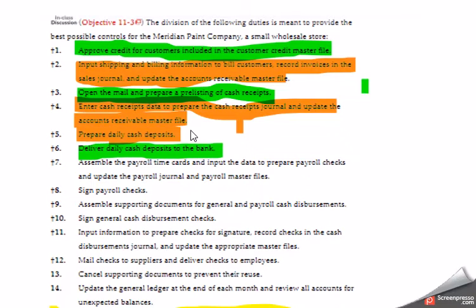Okay, then 7, assemble the payroll time cards and input data to payroll checks and update the payroll journal entry files. That should be a person who's different than the person who signs the checks.